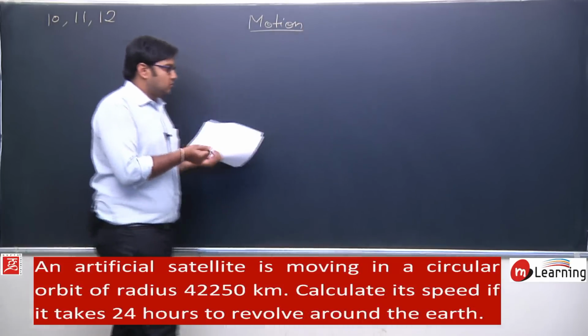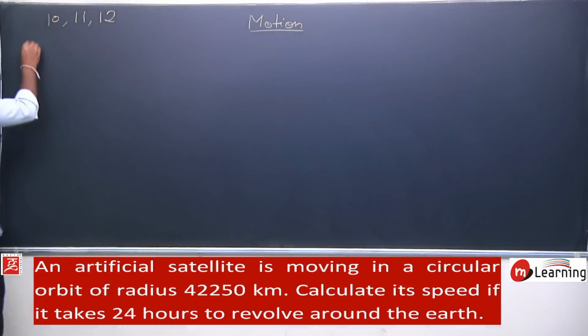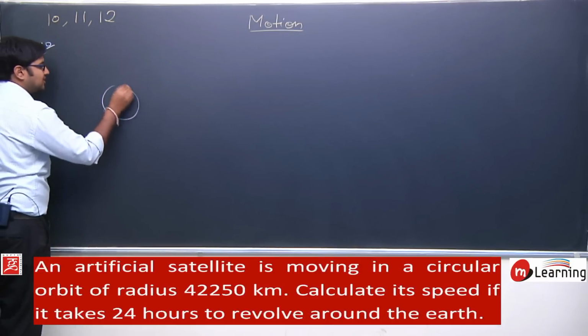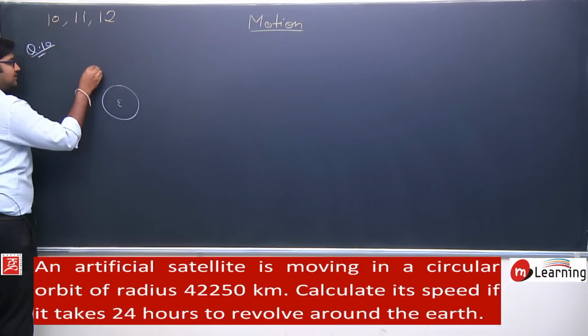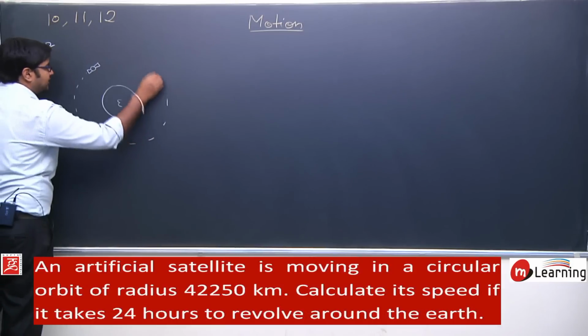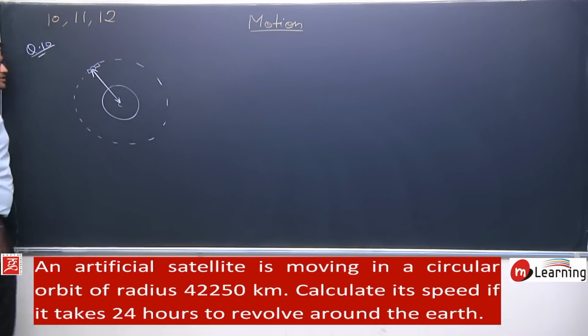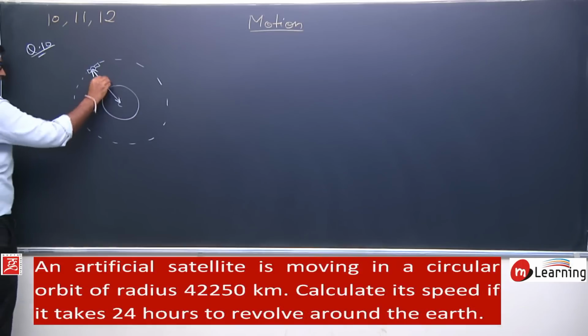So see, let's try to imagine what situation is given. Let us say this is the earth and there is a satellite, which is revolving around the earth like this. The radius of its orbit, let us say, is r.